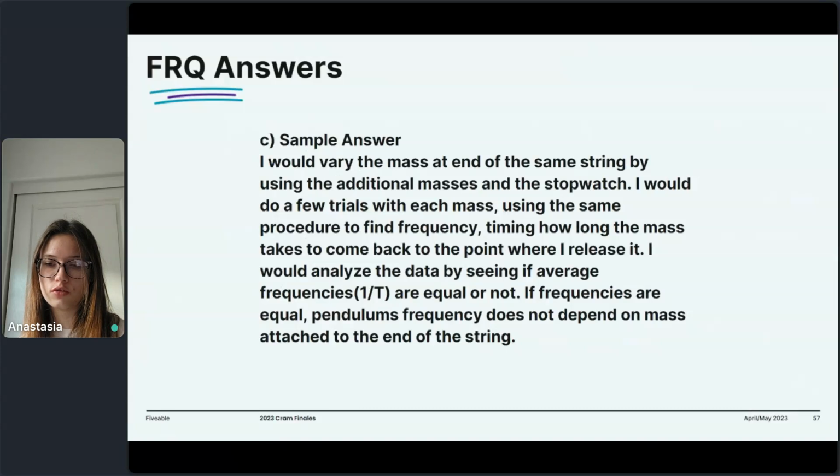Do we have to use equipment from part A to show our experiment? You don't have to. It really just depends on if you give a good explanation. You don't have to use more or less items or equipment.